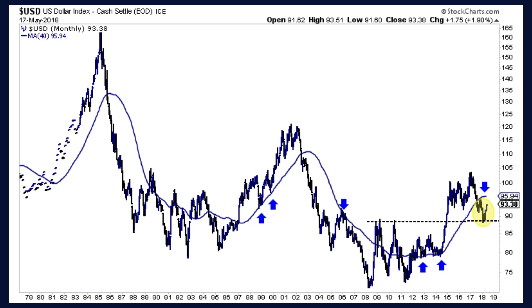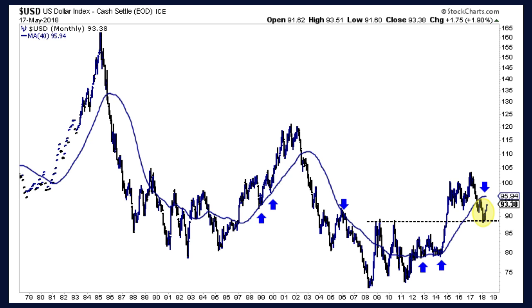So don't be surprised if the dollar goes through that 40-month moving average, makes a sharp move higher, and then makes a sharp move lower after that. I know it's simple to say, but I'm just pointing out that that kind of action has happened during quite a bit of the dollar's history.